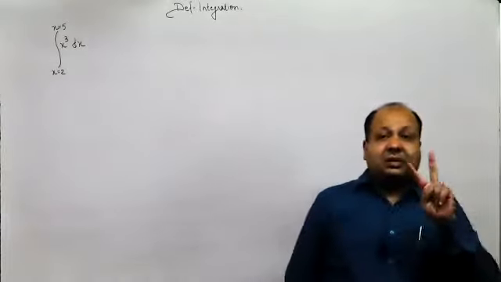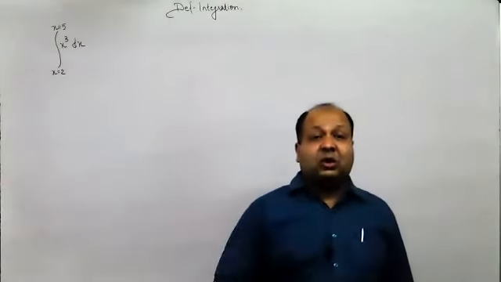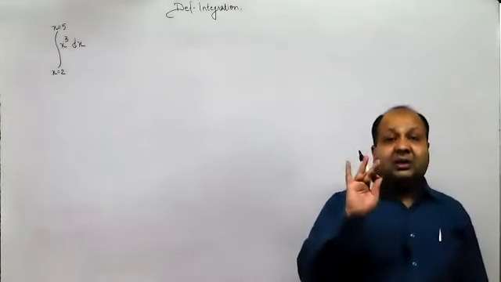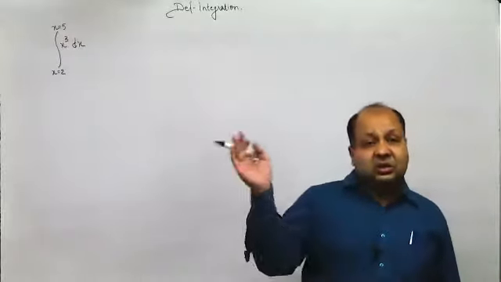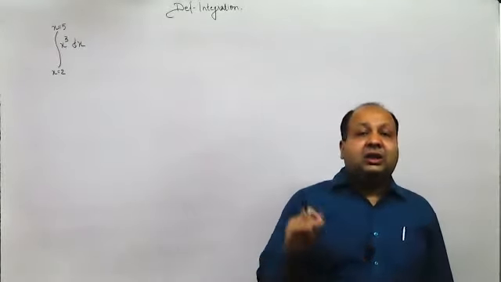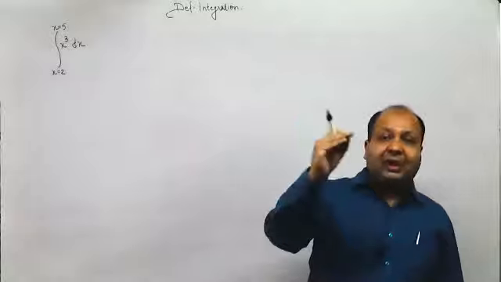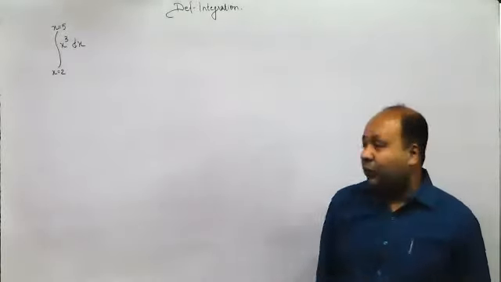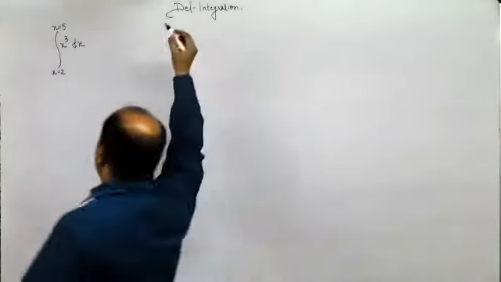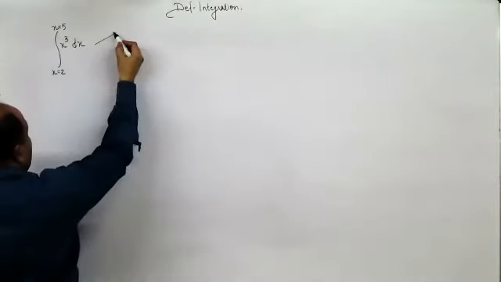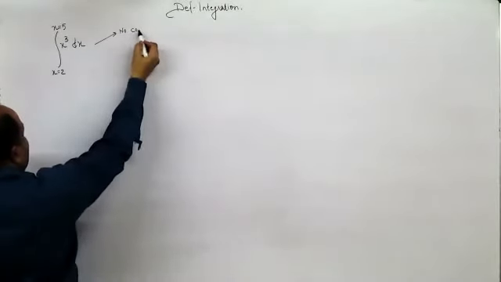Second part, remember there won't be a constant, no constant. Third part, remember first solve the integral, then substitute the upper limit, the lower limit, subtract the two. So here, no constant.